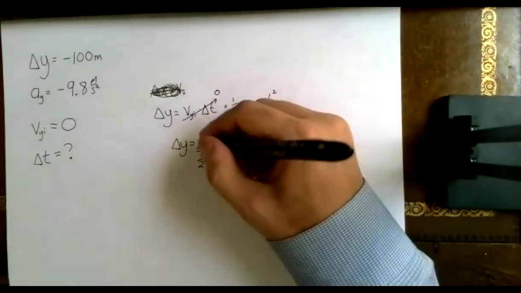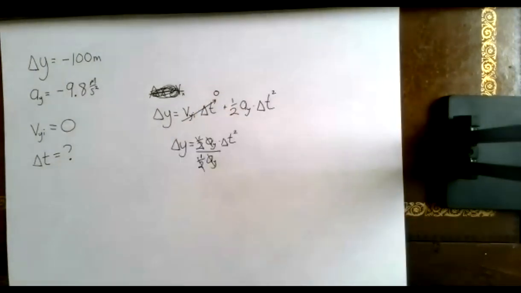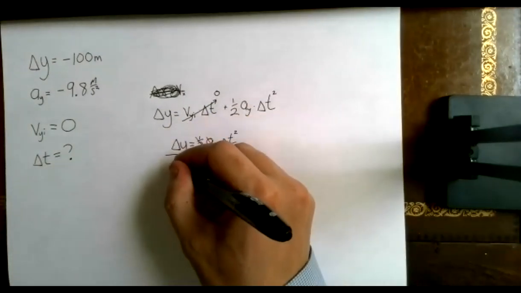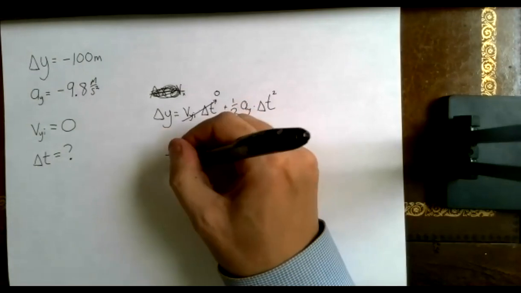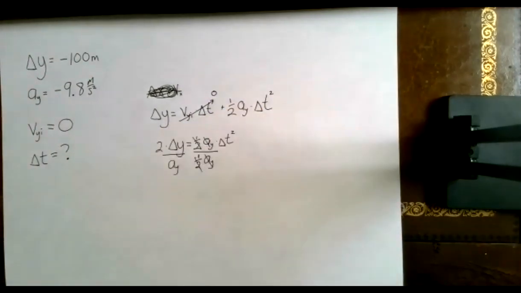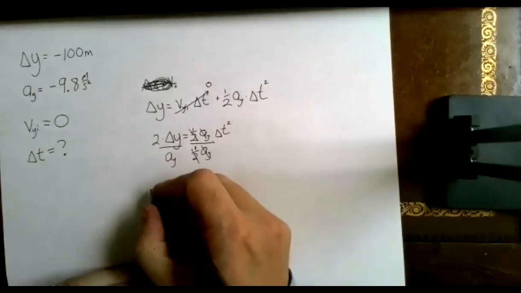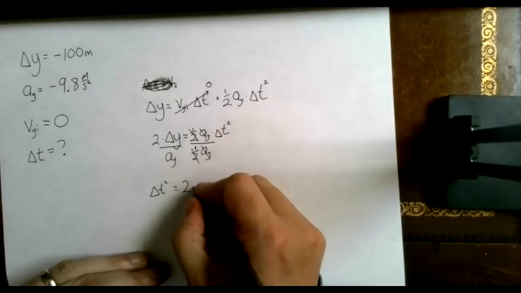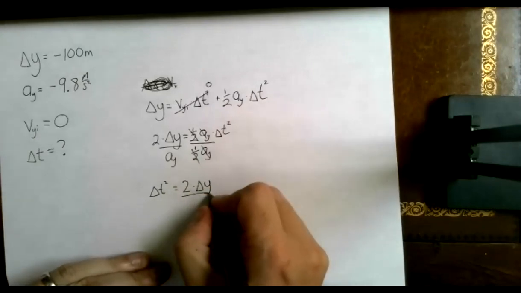If I divide both sides by 1/2 acceleration, it cancels out on the right. On the left, instead of dividing by 1/2, I'll multiply by 2, which is the same thing. So what I'm left with is the time squared equals 2 times displacement divided by acceleration.